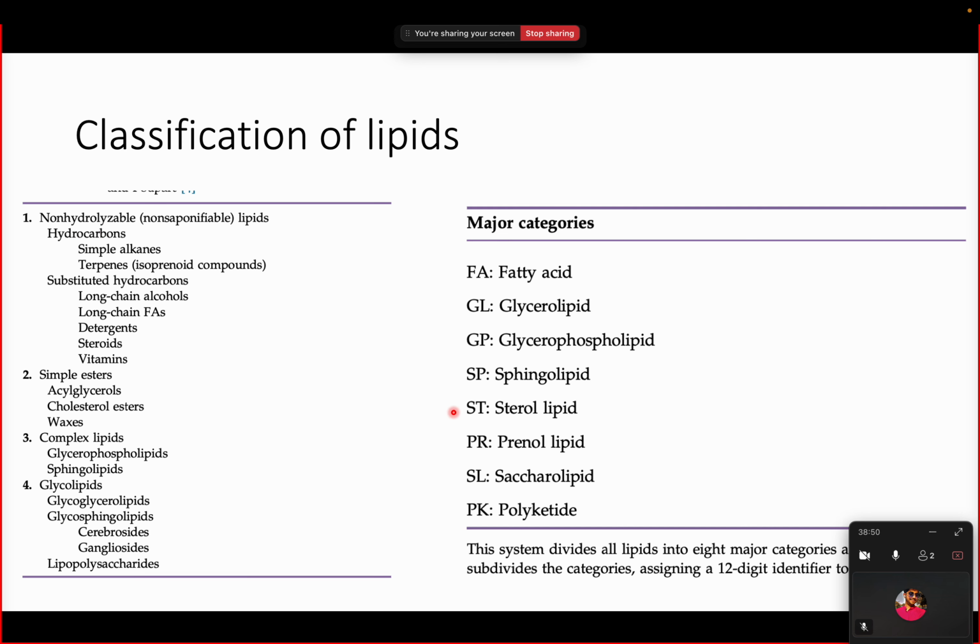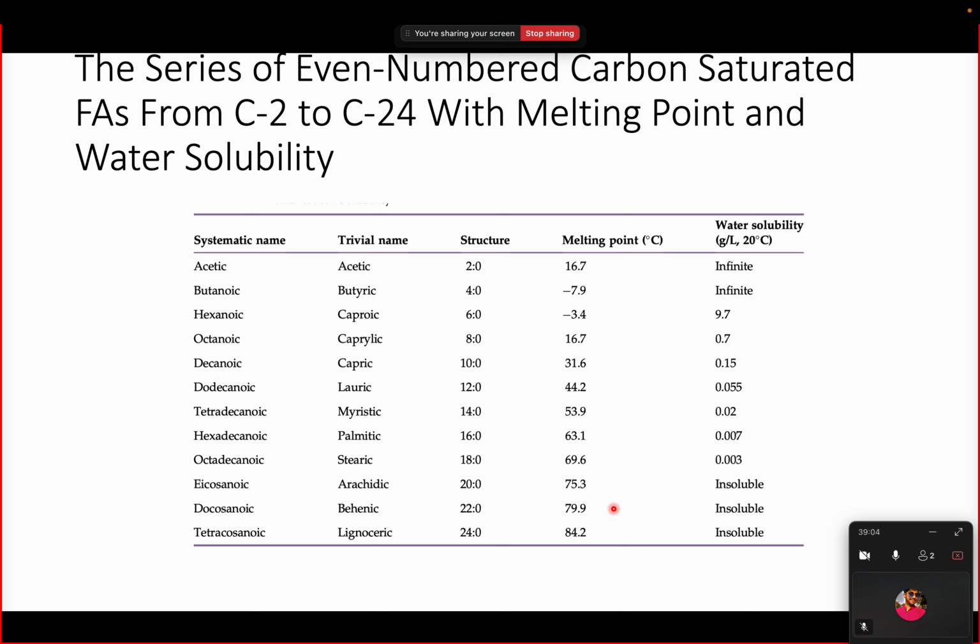So we have fatty acids, glycerolipids, glycerophospholipids, sphingolipids, sterols, prenols, saccharolipids, and polyketides. And this is the series of even-numbered carbon saturated fatty acids from C2 to C24, meaning a lipid molecule having 2 carbons to one having 24 carbons, with their melting point and water solubility.